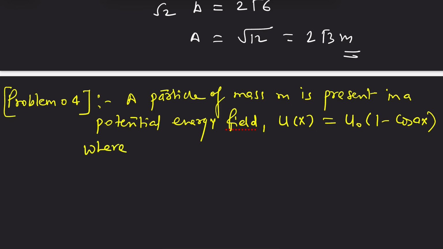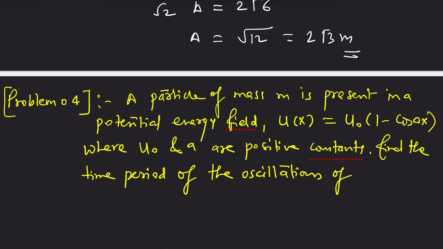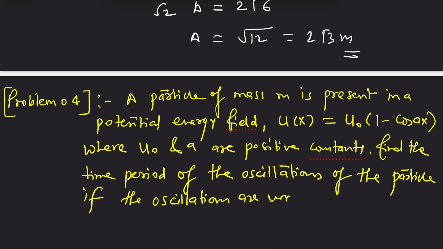and a are positive constants. Find the time period of the oscillations of the particle if the oscillations are very very small.